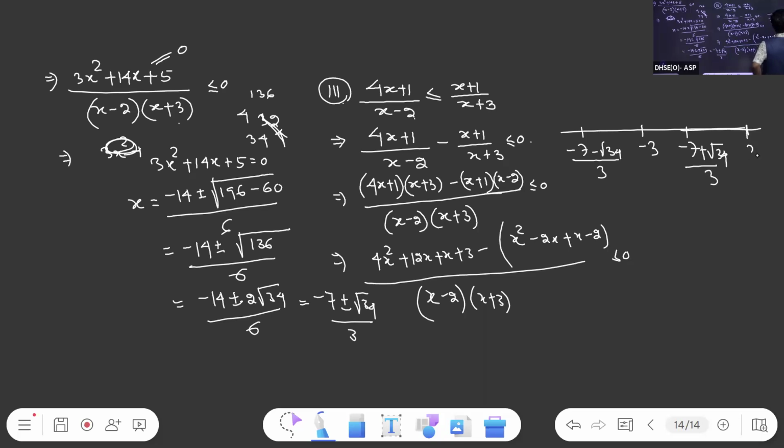Then next critical point is 2. Plus, minus, plus, negative region. The critical points of the numerator will be included. This one is included. This is excluded. This is included. And this is excluded. Okay, this is the answer. Hope it is clear to you. Gayatri.